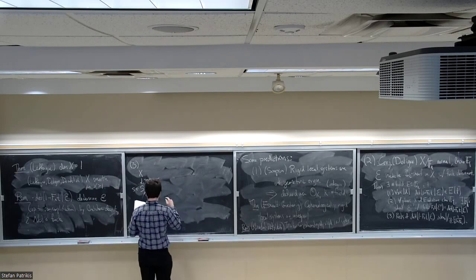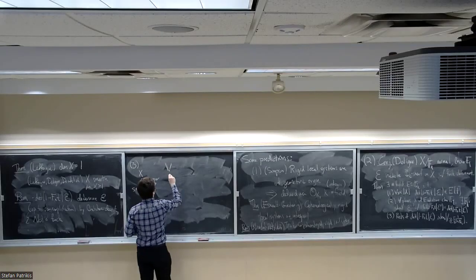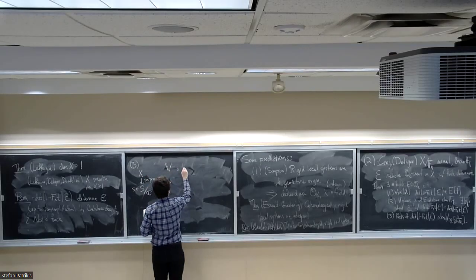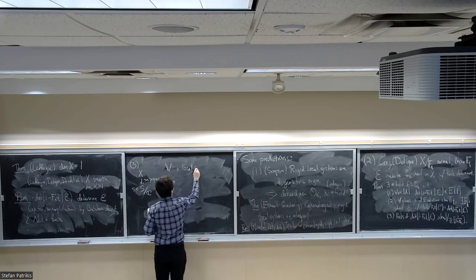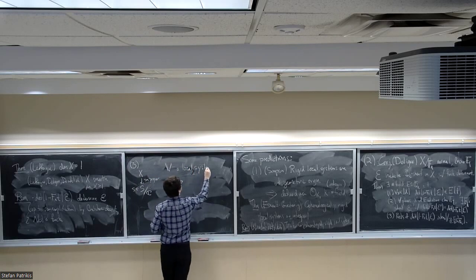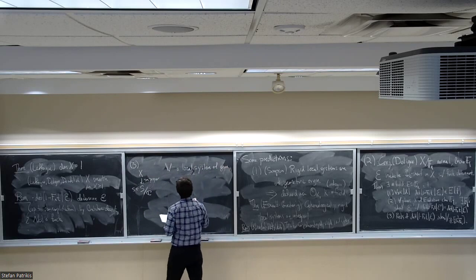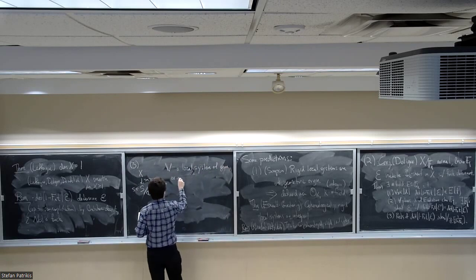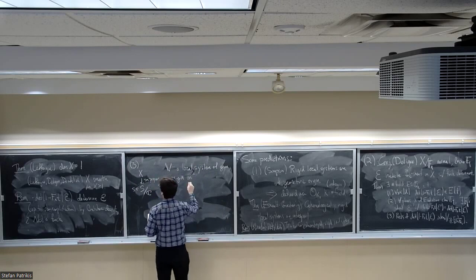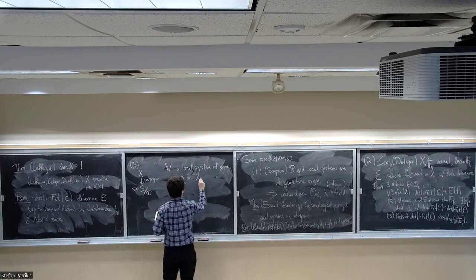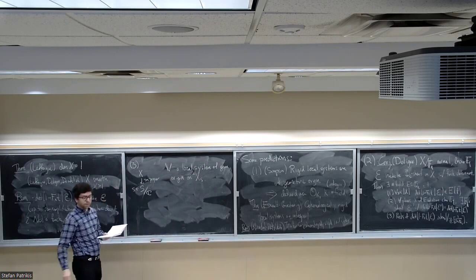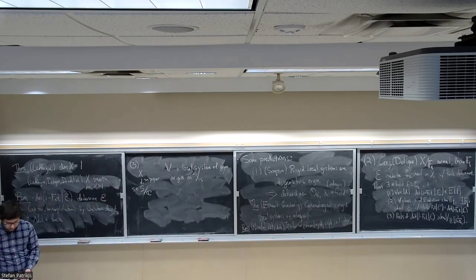And suppose V is a local system of geometric origin on just one fiber of this map, on X_s.